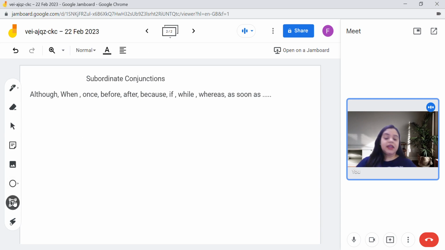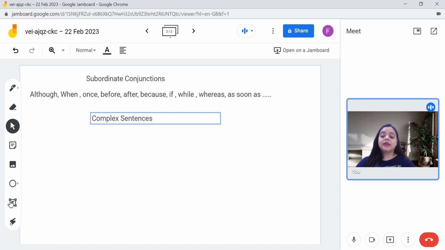By this time, you have all the equipment that you require to make complex sentences. You understand what clauses are, what independent clauses are, what dependent clauses and subordinate conjunctions are. Now let's put them together and frame some beautiful complex structures. Coming back to the very first point, complex sentences. What are complex sentences?